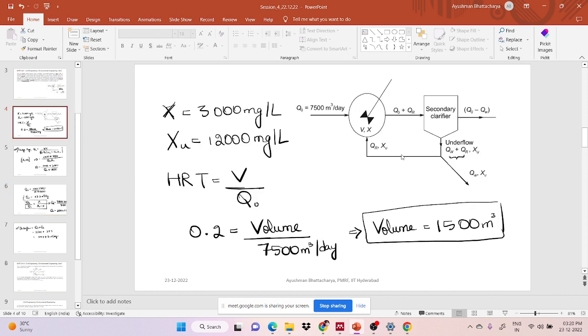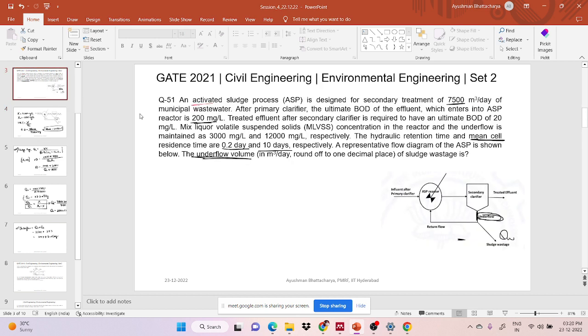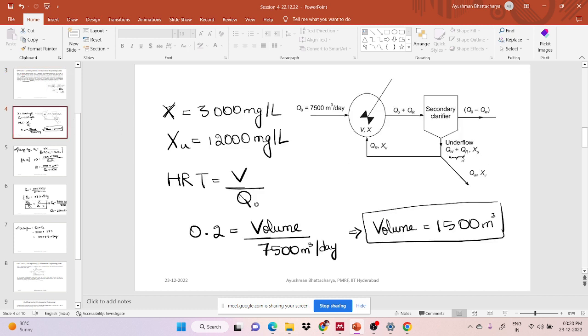But if you use the logic of the flow mass balance, it will be QW plus QR. I don't know what the GATE answer is, but based on the concept, the way we learn, if someone is talking about underflow, it will be QW plus QR. Yes, sir.